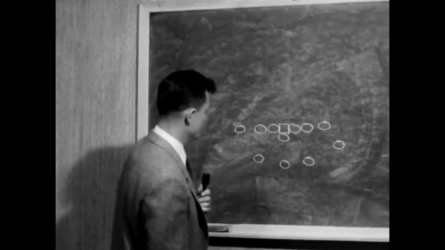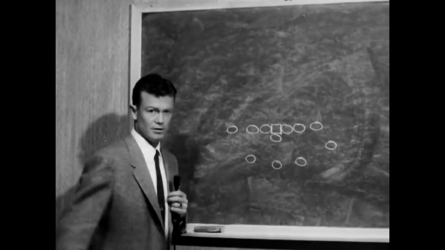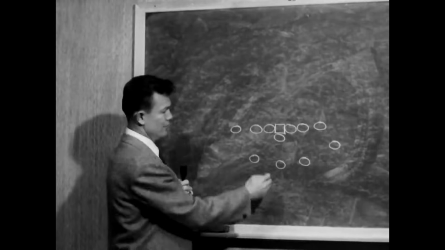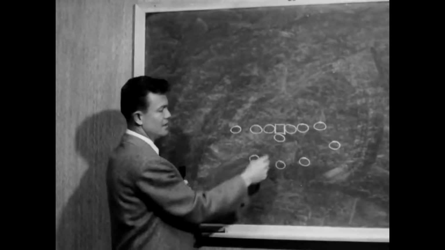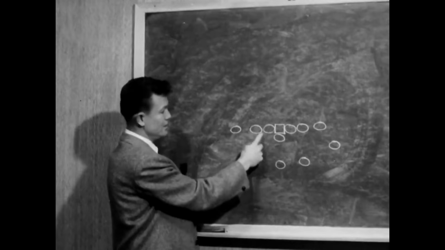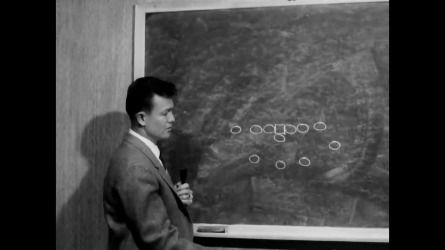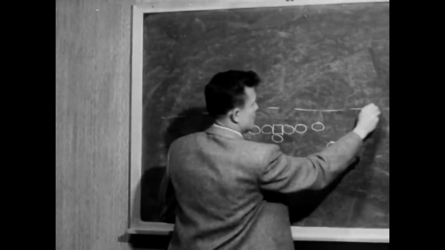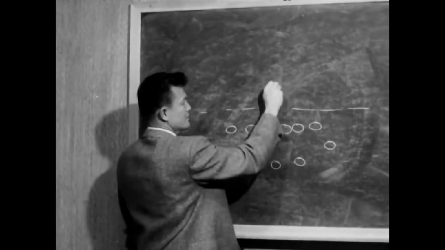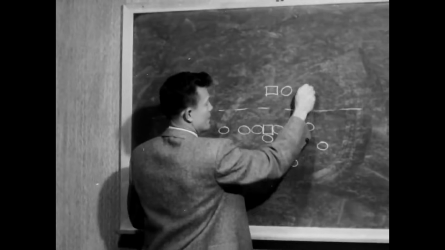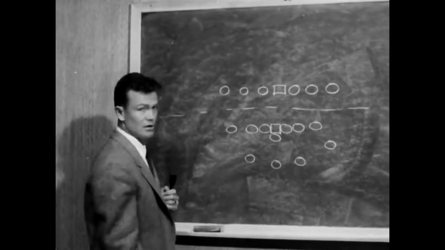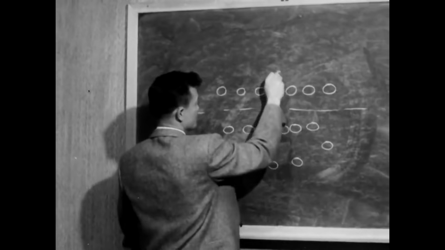This is what it amounts to. The diagram that you're looking at on the board now is of the split, tight T formation. And if you'll notice, the linemen are in tight to each other. The guard's close to the center. The tackle is close to the guard, and so on. And just above that, I'll try to draw up the split T formation and try to show you how it contrasts with the standard or conventional tight T formation.